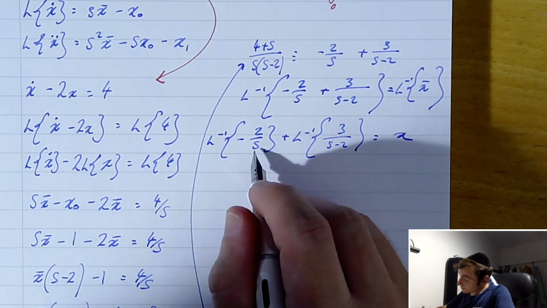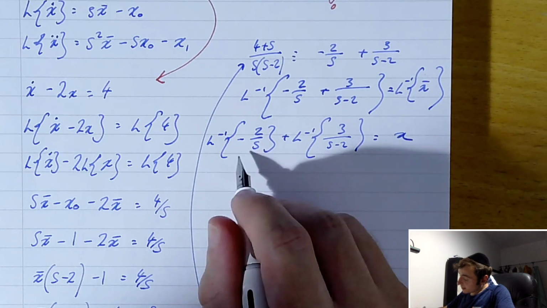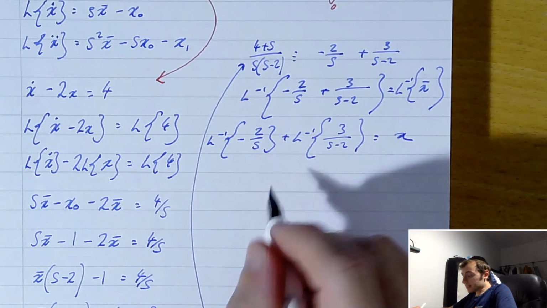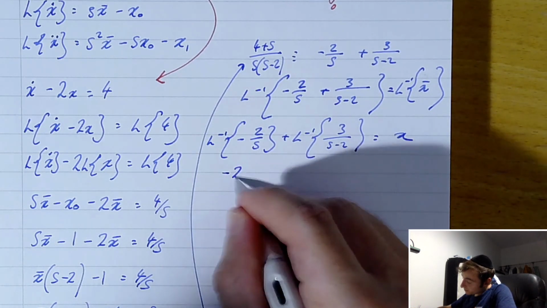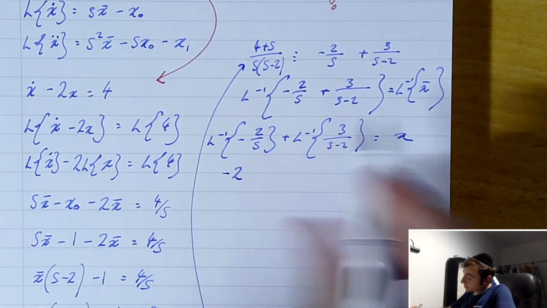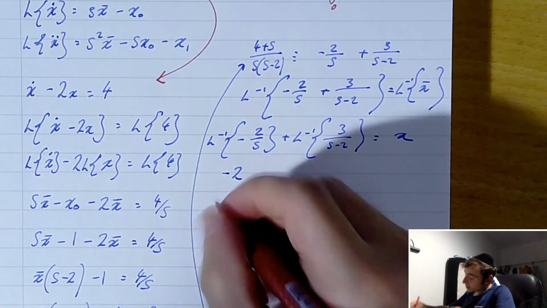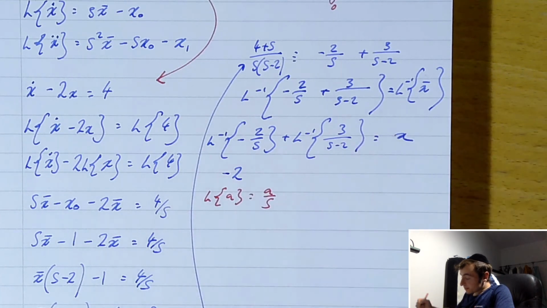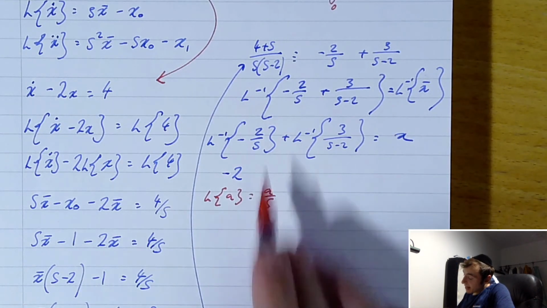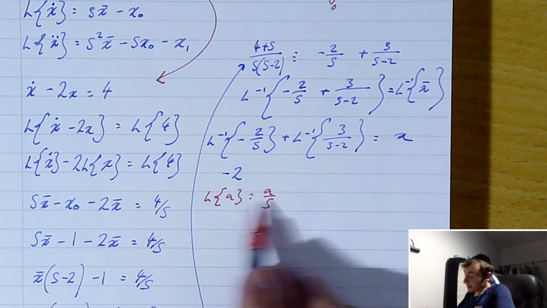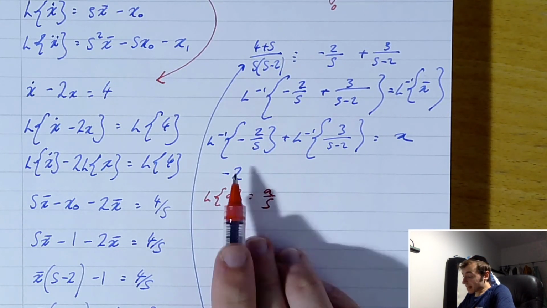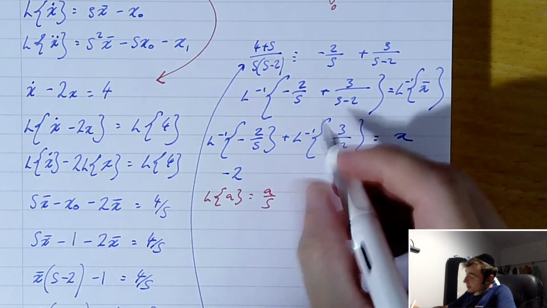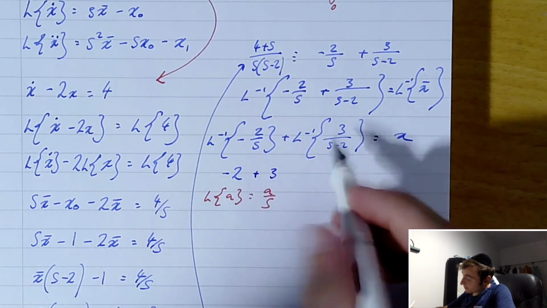So we can see here that the inverse Laplace transform of minus 2 on s is going to be minus 2, because the Laplace transform of A equals A on s. Remember that? If we have A on s, say 2 on s, the inverse Laplace transform must be just A, but in this case it's minus 2. And then plus 3.